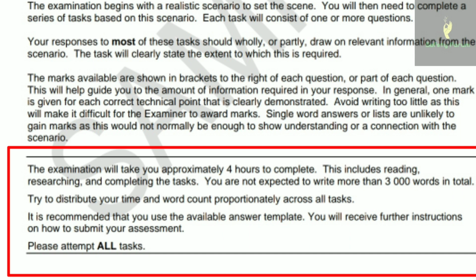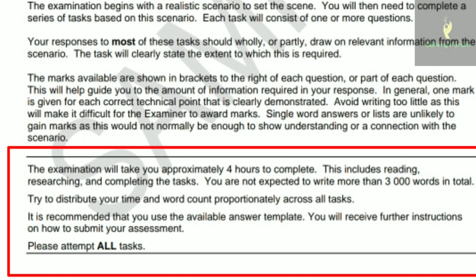But if you go above that, you won't be awarded any mark. I think the concept is very simple. If you write more than the word count, that point won't be included in the mark. So it is very important you write the important points first.